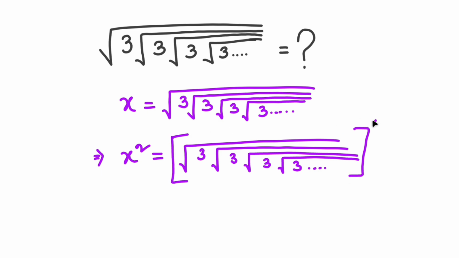Now on the right side, after squaring, we can remove the first square root symbol. So we can write x square equals 3 times this remaining portion.